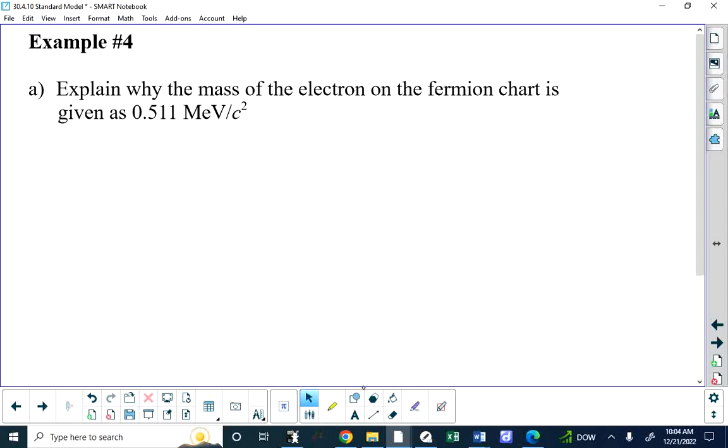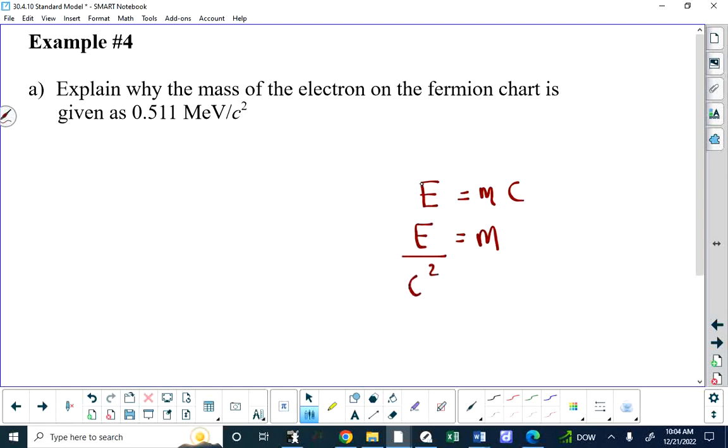But let's talk about the units here. If E equals mc squared, then mass is equal to the energy that that particle has divided by the speed of light squared. So we can express mass in terms of units of energy over the speed of light squared.